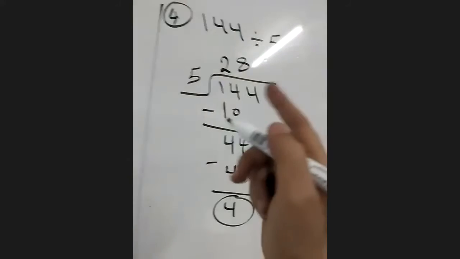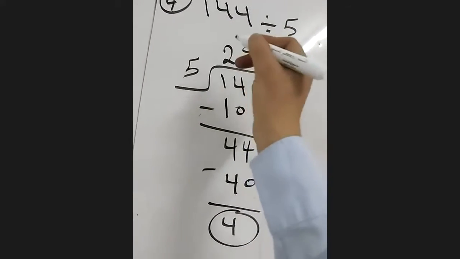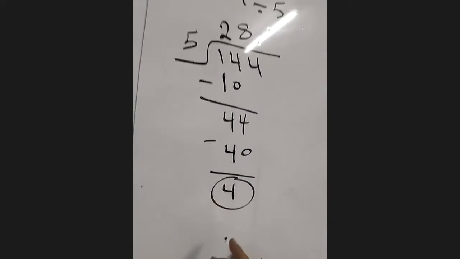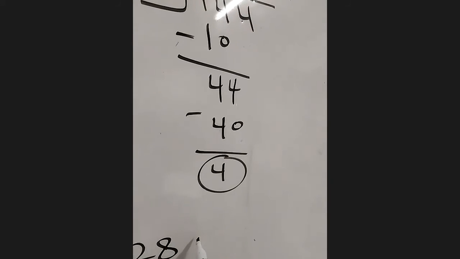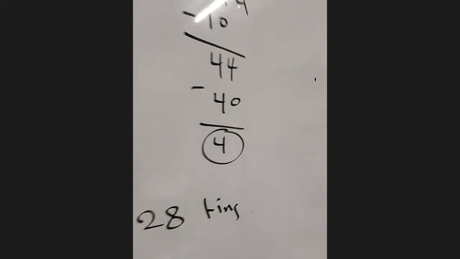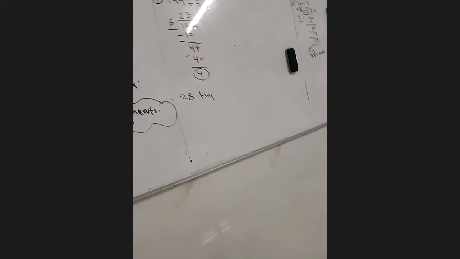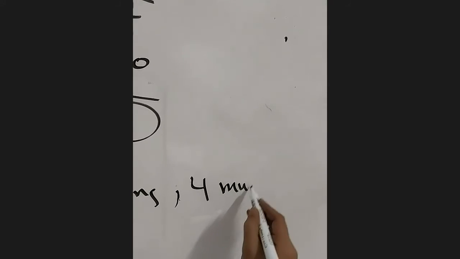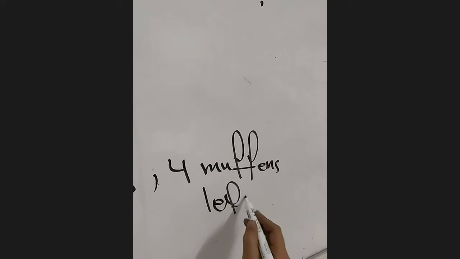So how many tens of muffins can we make? 28. And how many muffins are left over? 4. So what we will write, guys, is 28 tens of muffins and 4 muffins left over, right?